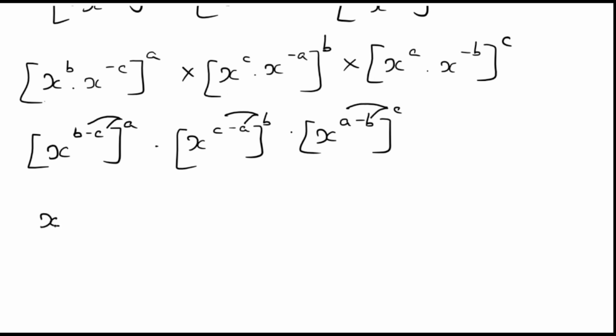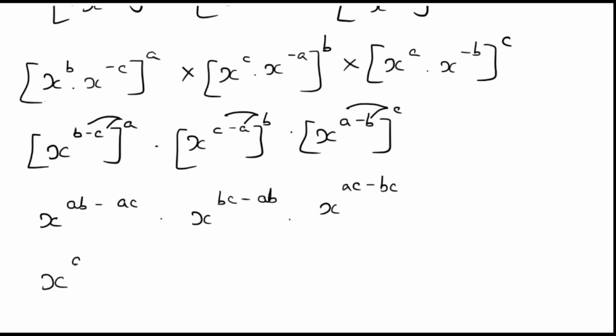So you'll get x to the power (ab minus ac) into x to the power (bc minus ab) into x to the power (ac minus bc). Here again the bases are same, so the powers can be added.